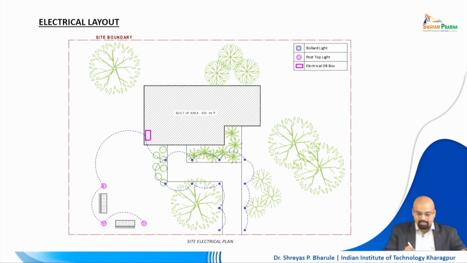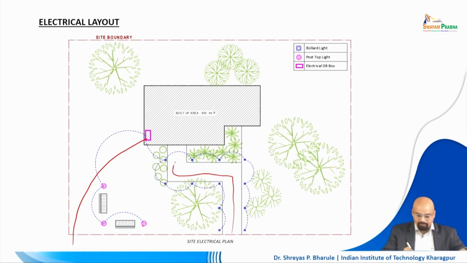So you have your electric DB box, right? So your mains might be drawn directly to the layout. So your mains are probably coming like this. Often mains are not being shown, but probably the mains are coming like this. So I'm just showing it. So mains are coming here, then you have your distribution box here, and from the distribution box you are connecting to the exterior post lights or bollard lights and so on and so forth, right? So you have bollards all along your way.